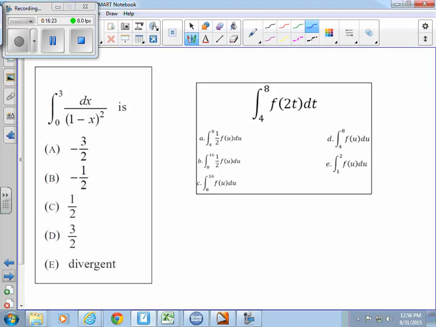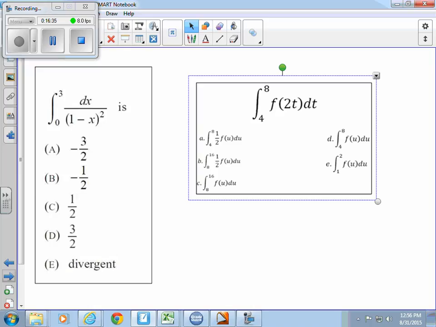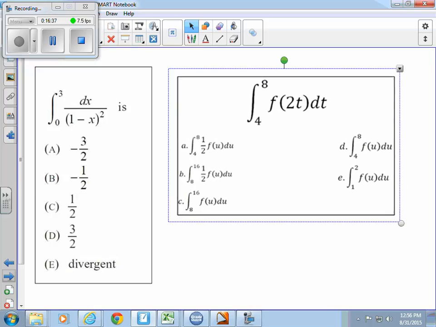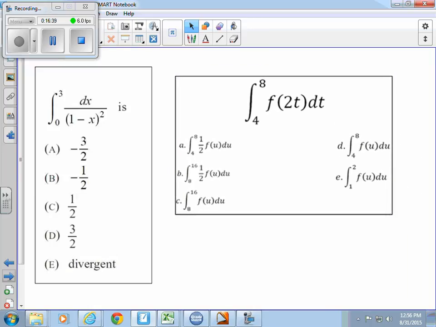Okay. Because I know this is your biggest question, let's do the one on the right first. Why do I have to know how to do it this way? Both of these are real AP problems.